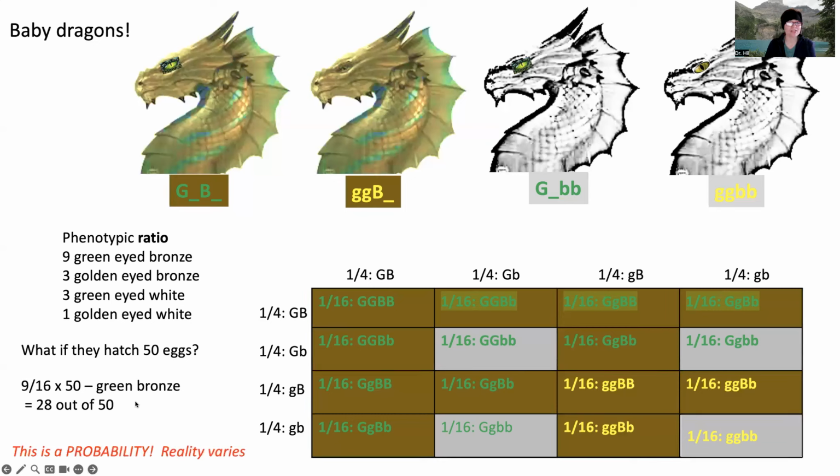It's important to understand that this is just a probability. This is our expectation based on random chance. In reality, and you probably already intuitively know this, there's some random variation, right? If you think about the probability of, for instance, having boys or girls as your children, getting a boy or a girl is roughly equal, right? The likelihood is 50-50.